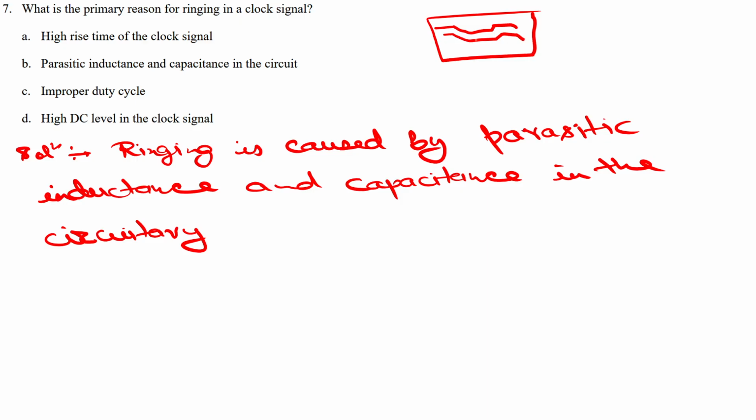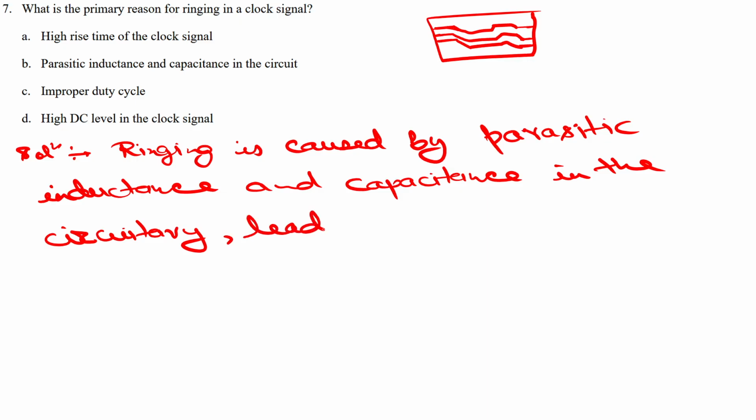Suppose there are two parallel running trace lines, the signal lines in the conductive path, maybe a metal strip which allows the signal to flow through the PCB. If they are pretty close together, there can be a parasitic effect, such as inductance or capacitance, and that's why this ringing is happening.